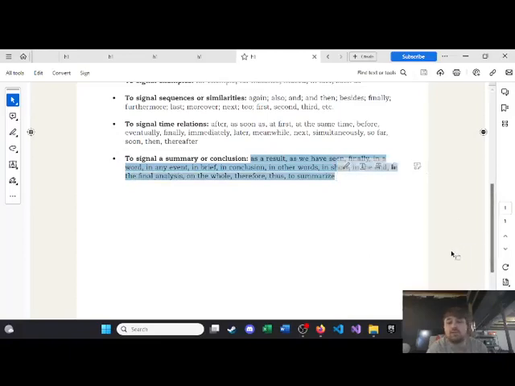So all of those give you a sense of closure, right? They transition you to the end, and now you feel like, okay, yeah, we're wrapping this up. So that's how you might use some transitions to give the flow to the reader.